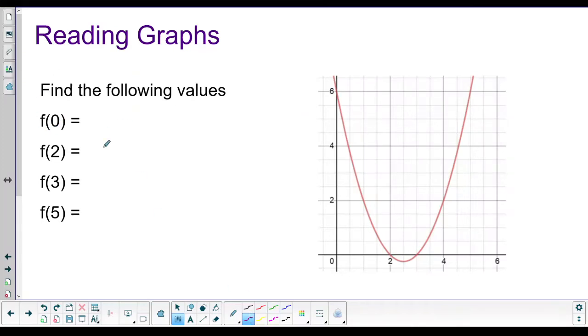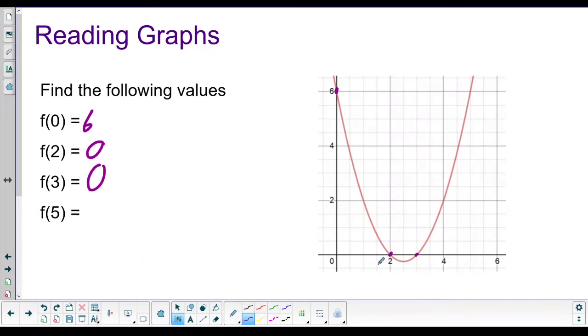But let's do some examples. So if we're at f of 0, go to 0 on the x-axis, go straight up until you run into the graph, and then how high are you? You're 6 high. Cool. F of 2, go sideways to 2, I'm at 0. Ta-da. 3, oh, I'm back at 0 again.